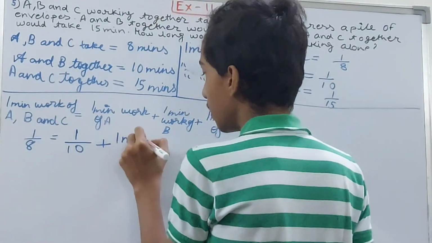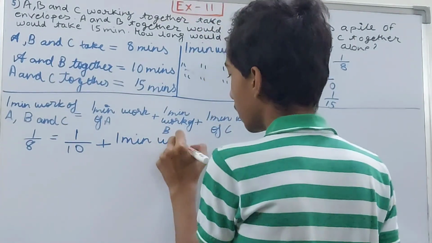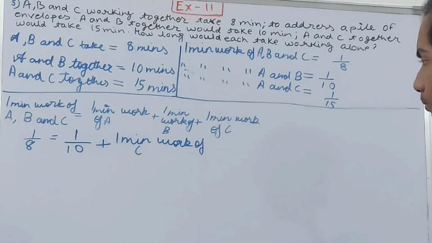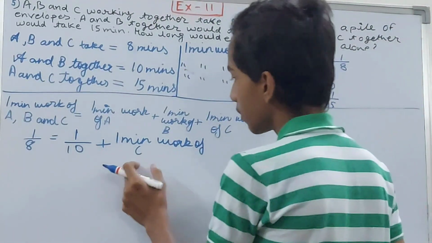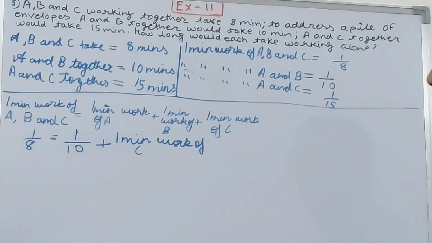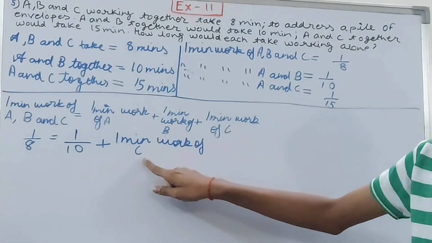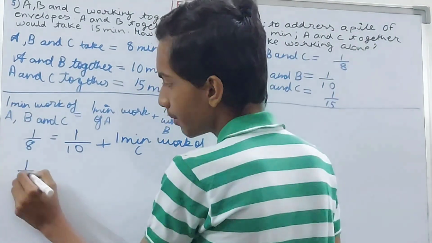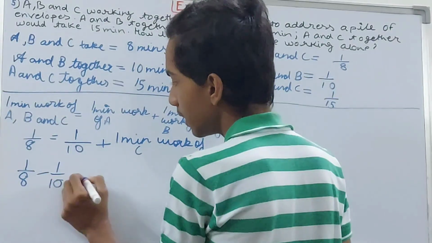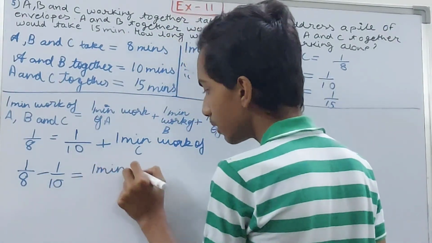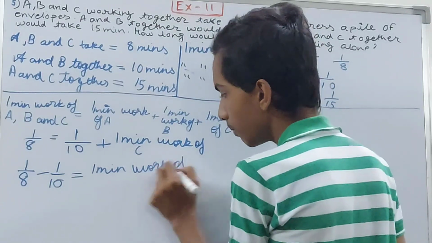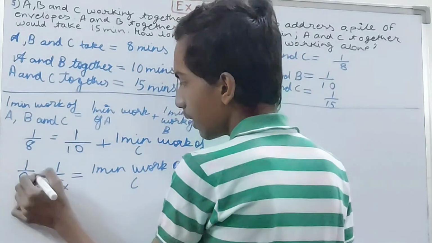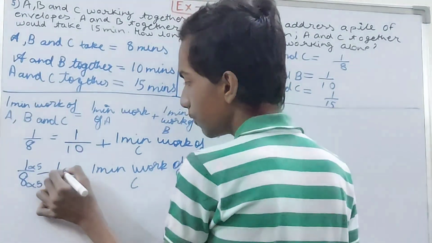plus 1 minute work of C. Now see over here, what will this become? We began with A and B, we are left with C. So this will give us the 1 minute work of C. After I subtract, 1 by 8 minus 1 by 10 is 1 minute work of C. This is 5 and 5 and 4 and 4.